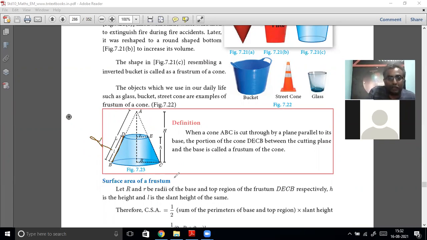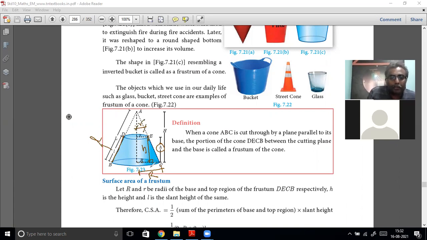Now look at it this way. If you drop a straight line from here, this is a right angle triangle. This is H. This is big R, till here. Now this is small r.